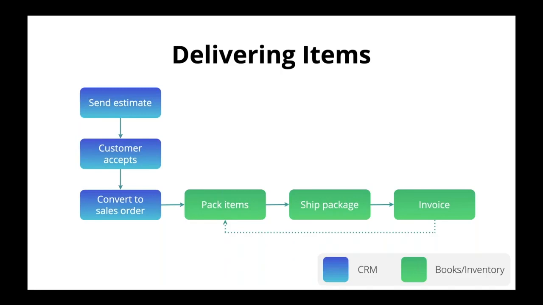The first few steps, like sending the estimate and converting it to a sales order, you would probably have your salesperson do, and that can be done from Zoho CRM. And these parts in green, you would probably be doing from your back office. It would be done in the warehouse using Zoho Inventory, or your accountant would be dealing with it for the invoicing stuff.